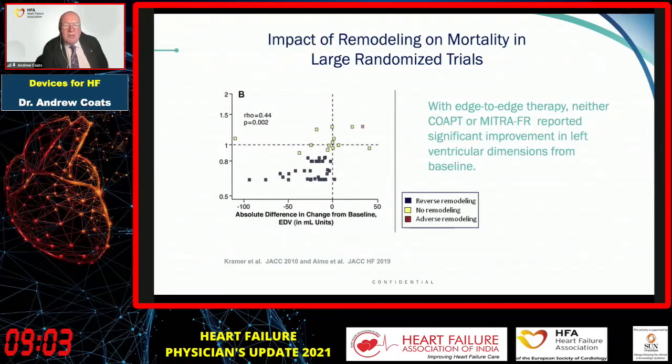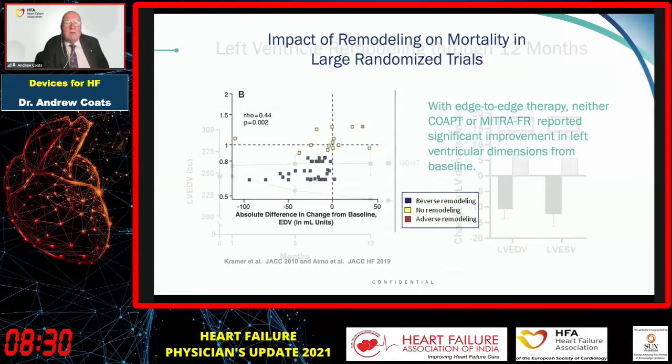And this is an interesting result that was done in 2010 and updated in 2019 and looks at all treatments, both devices and drugs, and relates beneficial effects on mortality with changes in end diastolic volume. And you see there's a very good correlation between the ability to reduce end diastolic volume in heart failure with reduced ejection fraction and the ability to reduce mortality, suggesting this reduction in ventricular volumes may be a very useful mechanism of improved benefits.